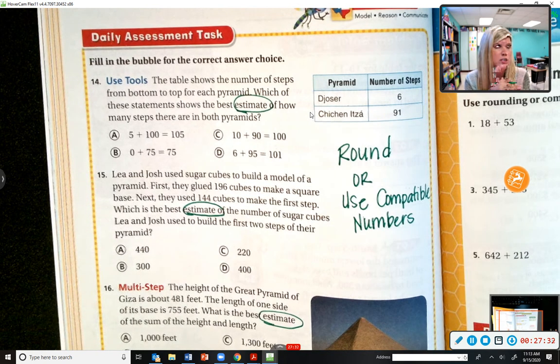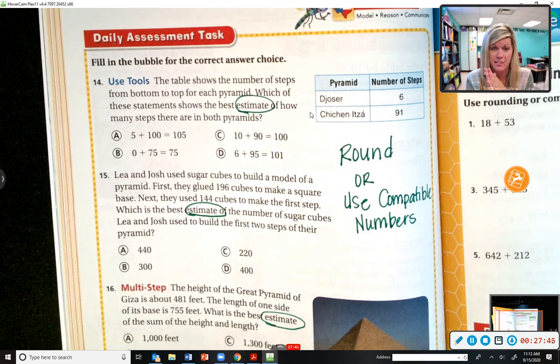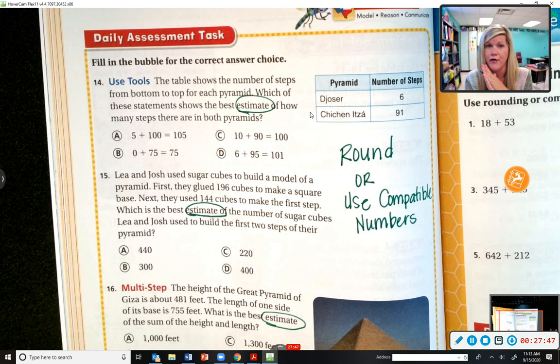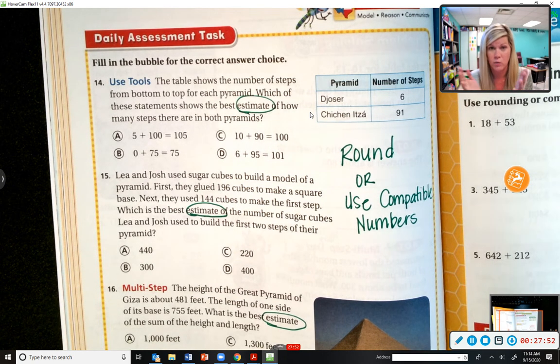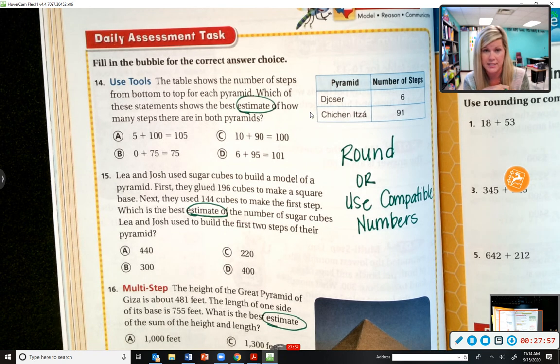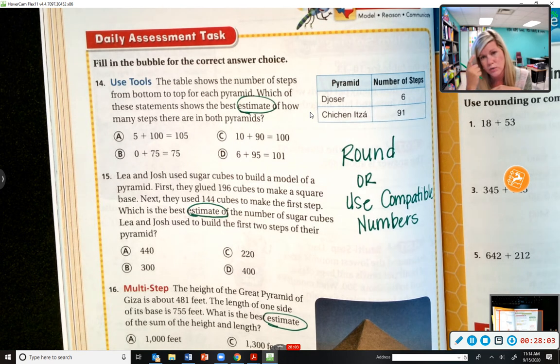So things that are compatible would be like peanut butter and jelly. They go well together. Coffee and donuts. Those go well together for breakfast. So compatible means it goes well together. And as far as math, they go together and they're also easy to do in our head.